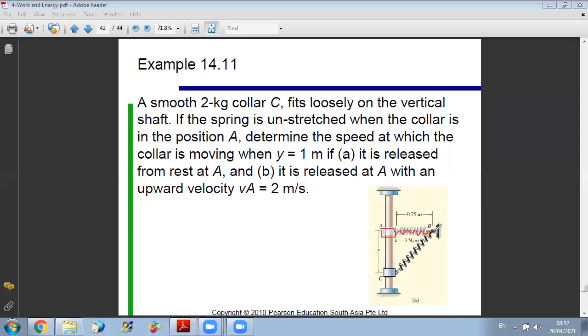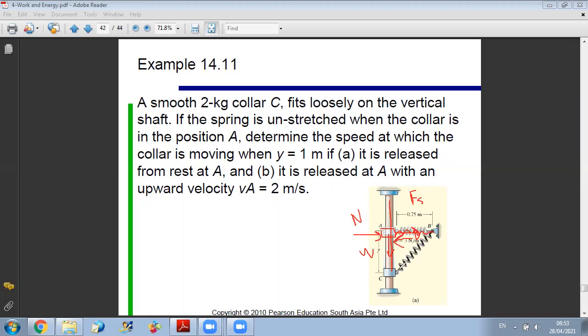The forces acting on the collar at any position will be the weight, W, and the spring force, Fs. Now, we have a normal reaction between the collar and the rod, but this normal reaction is perpendicular to motion, so it cannot produce any work. Now, if you want to be very accurate, the normal will be in this direction.